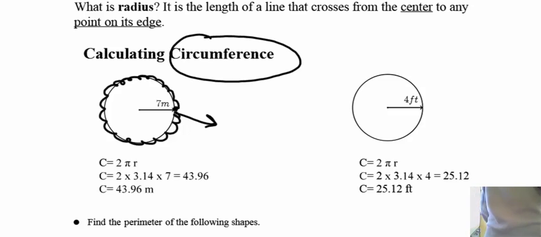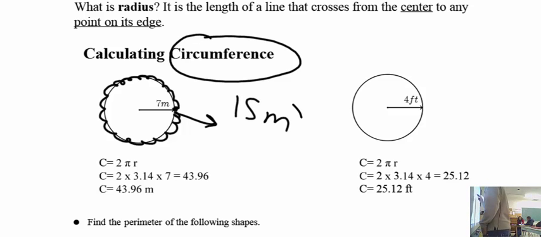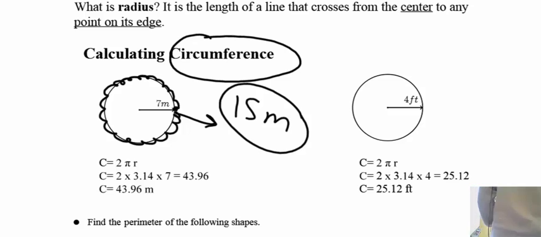Remember, a unit could be, let's say, 15 steps. That's a unit. 15 hands. That's a unit. 15 meters. That's also a unit. A unit can change to anything and everything, but you must include your unit.